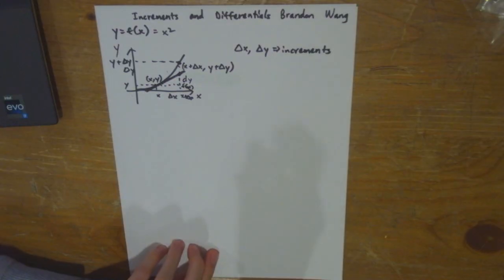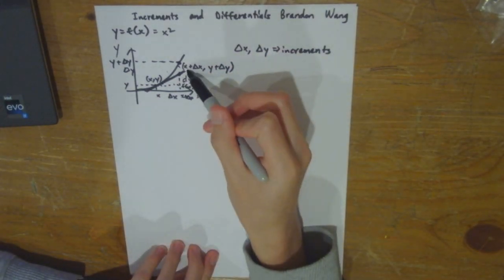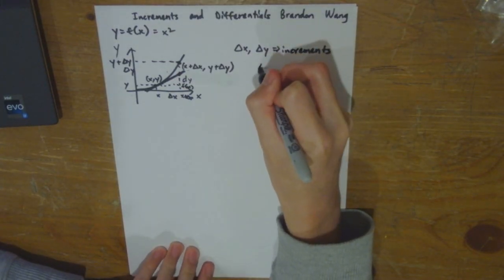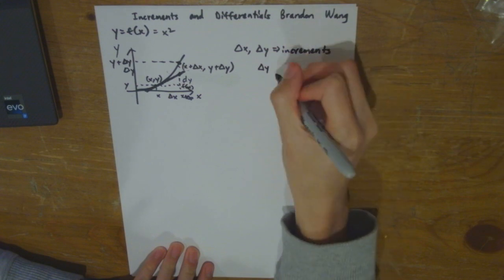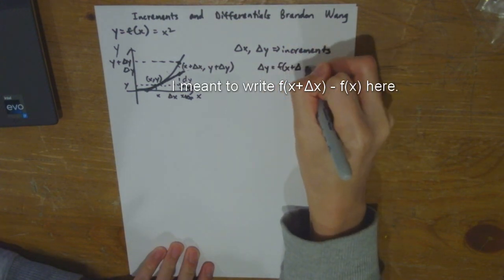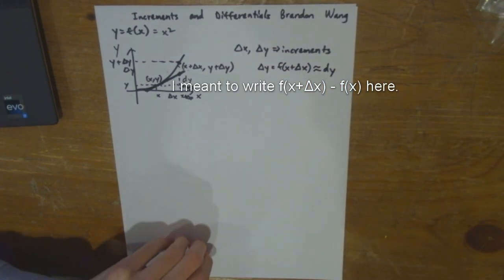And we can use this point to approximate the value of the actual function at this new point. And we do this by saying delta y equals f of x plus delta x is approximately equal to dy.